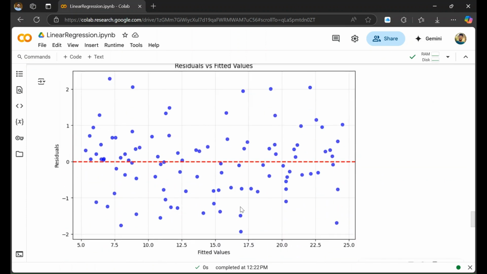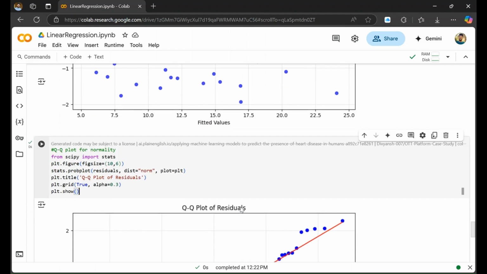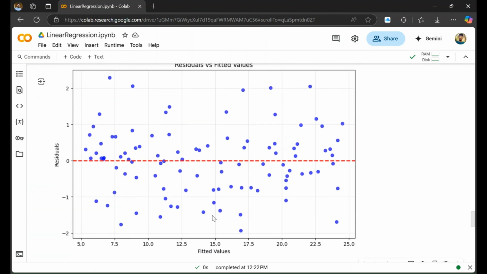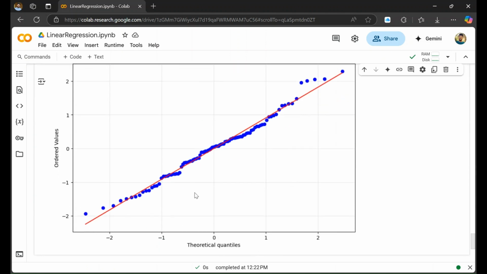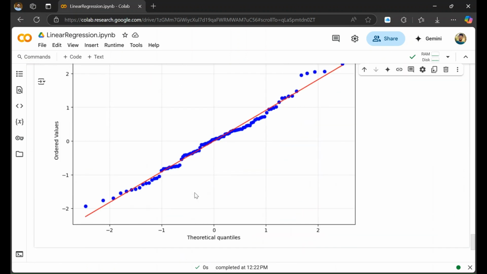It should not follow any pattern, and our plot is also not following any pattern. So it's following homoscedasticity. And for the normality of residuals, they are perfectly falling on the normal line. So it is a straight line, so the residuals are following a normal distribution. This is how we can say our model is following the assumptions.